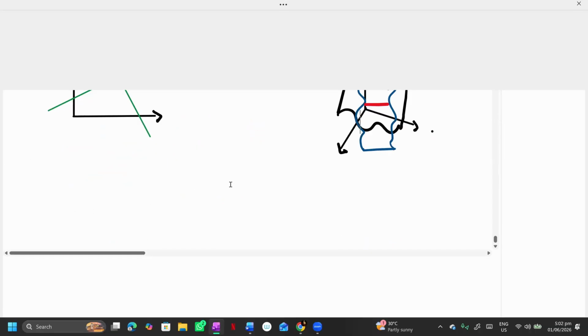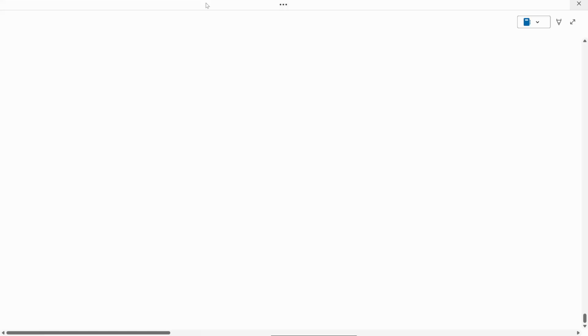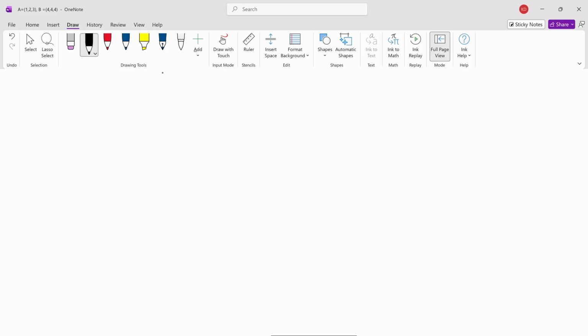So let's say we have two planes. By the way, we called the two lines L1 and L2, right? We don't call the planes P1 and P2 typically because P is usually points. So we call the planes something like pi1 and pi2, right? So let's see.